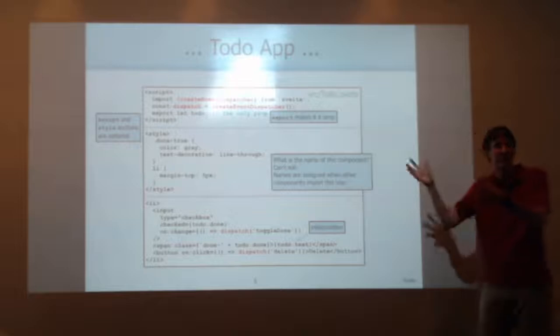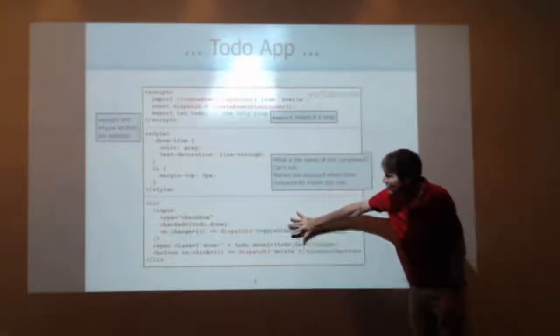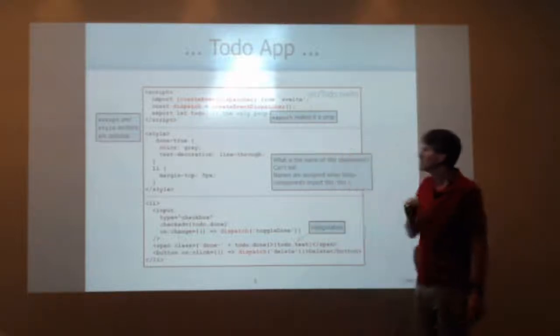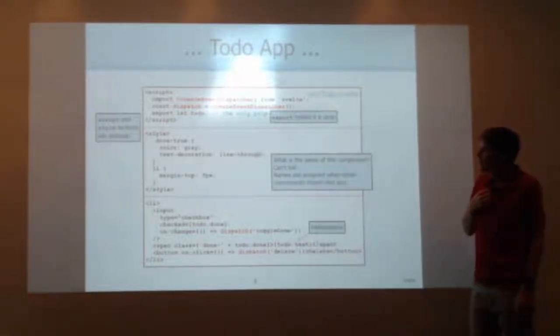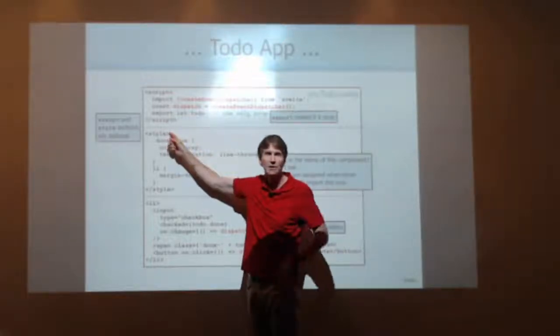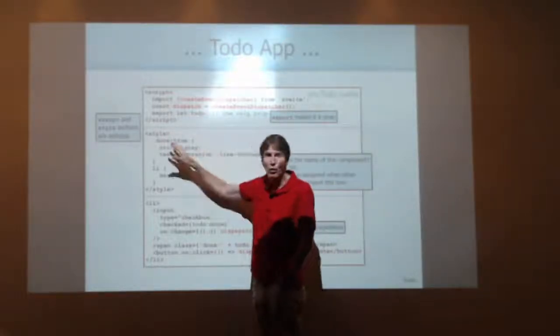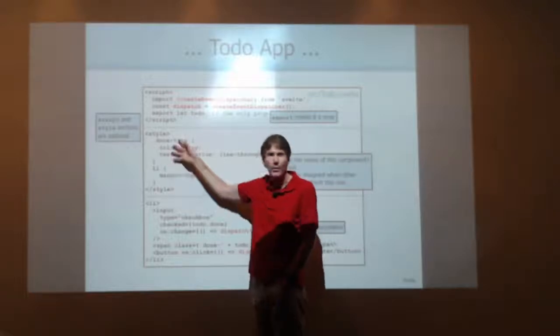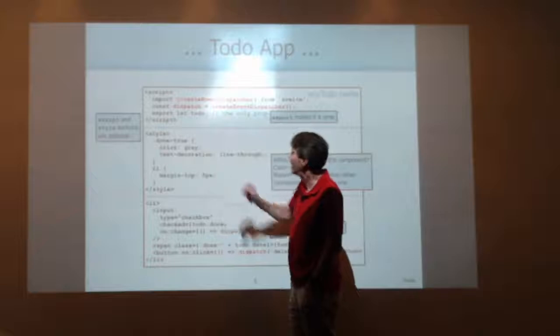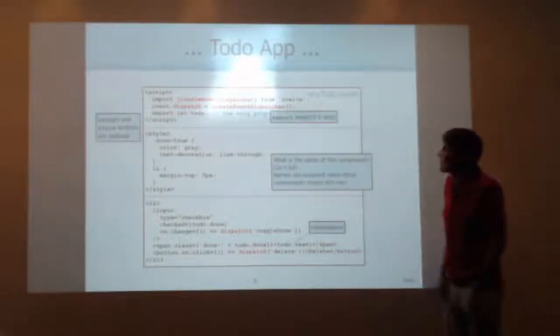It's just like a presentational component that can render this HTML for a given to-do object, and it has some styling. I'll repeat this again later, but style in Svelte is automatically scoped to this component. So I don't have to worry about any of this styling escaping out, and I'll describe a little bit later how it actually does that scoping.